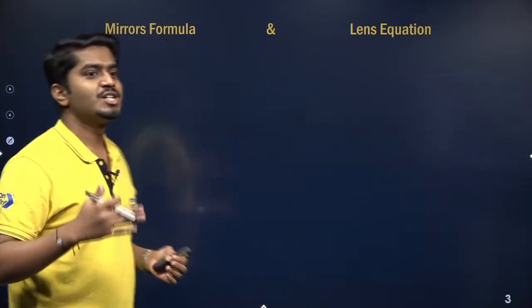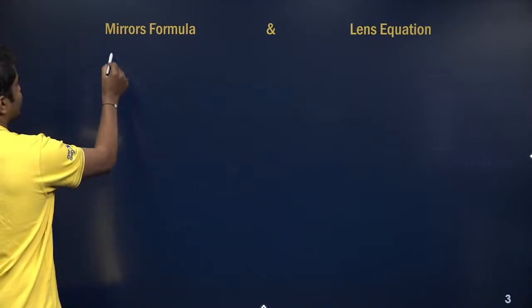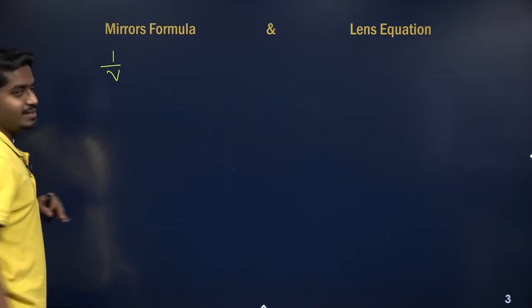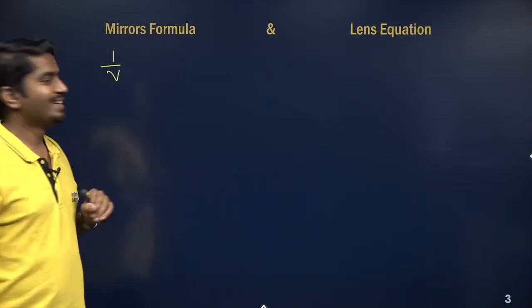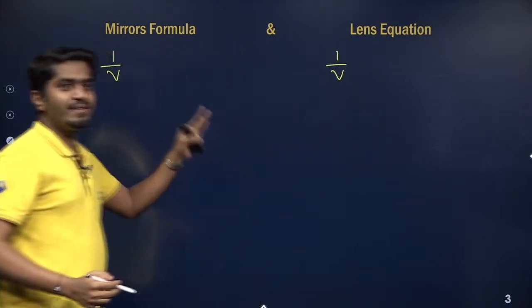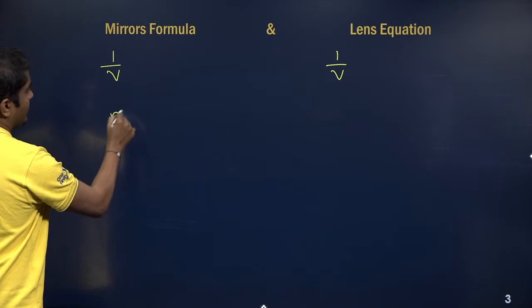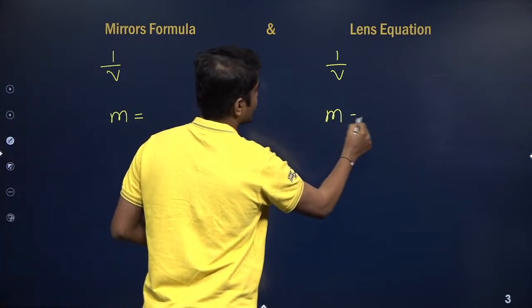Write down in the chat quickly. Mirror formula, I'll write the first one, you tell me the rest. Then the lens equation. And then magnification of both of them: magnification for mirrors, magnification for the lens.